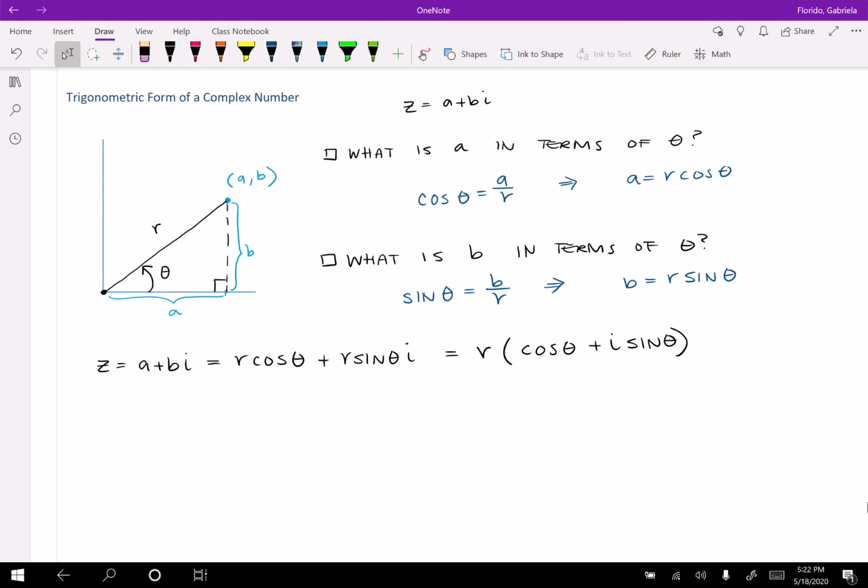Let me write all this down. We know that r is equal to the square root of a squared plus b squared.